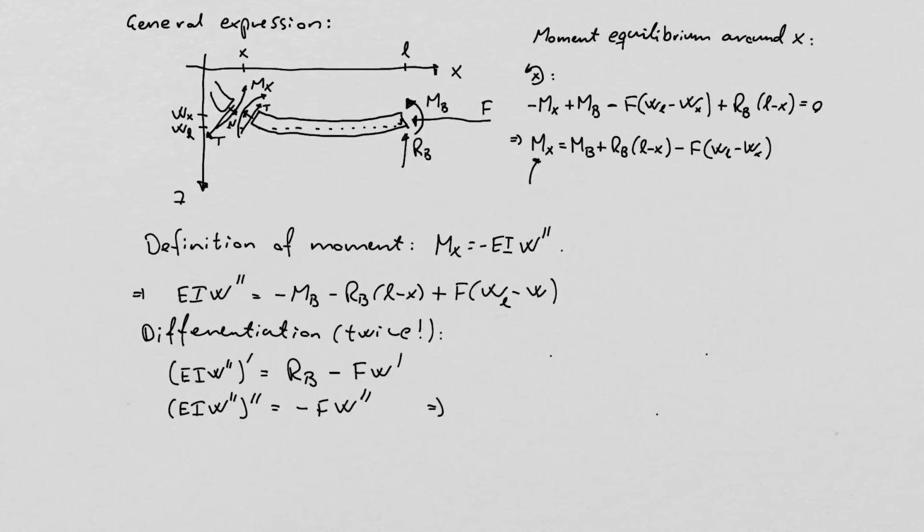And we can put that on one side of the equation sign. We get EI W prime prime and then prime prime again plus F times W prime prime equal to 0.